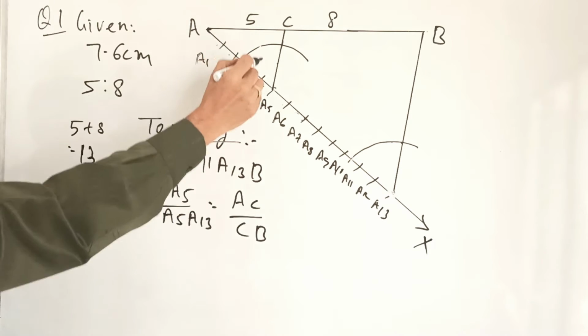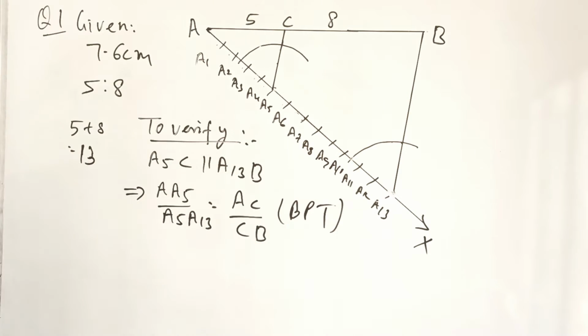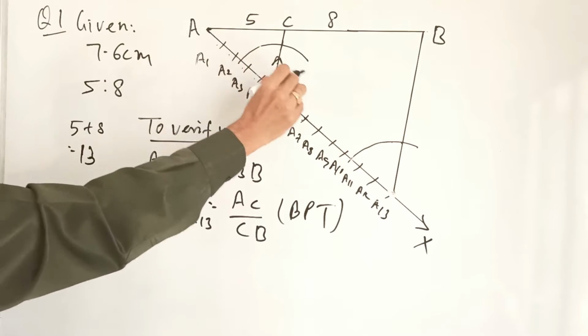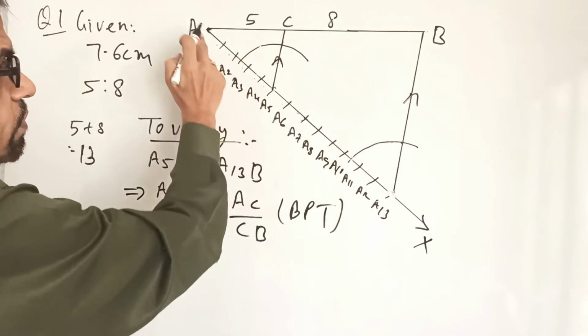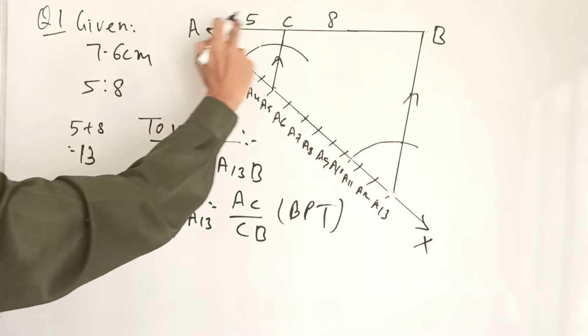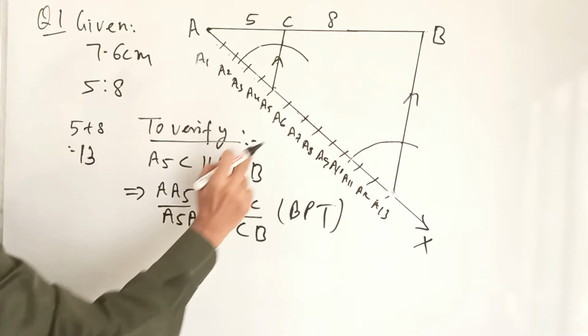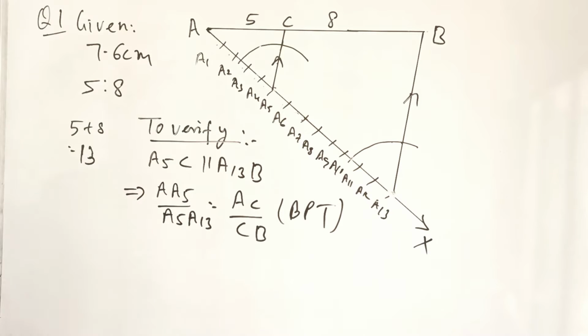Clear? By BPT, the basic proportionality theorem: if these lines are parallel, the ratios are equal. In triangle ABA13, A5 upon A5A13 is equal to AC upon CB.